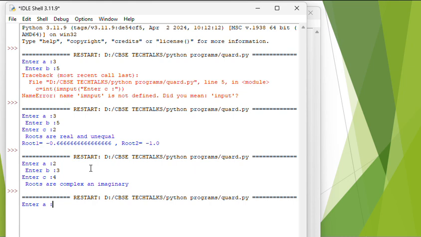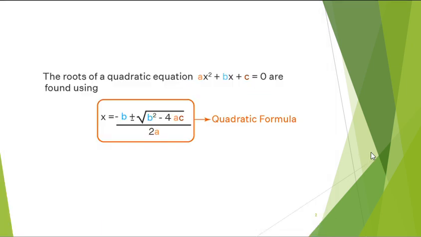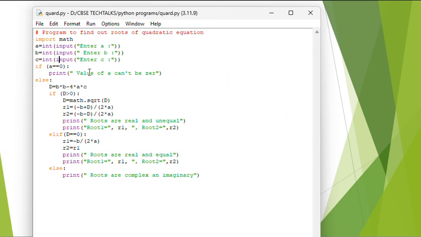So if I give 2, 4, 2, you will have roots are equal and real. So this is what all three situations we have tried for all the three cases where the value of D is greater than 0, equals to 0 and less than 0. So that's all for this coding. I think the program is clear to you.